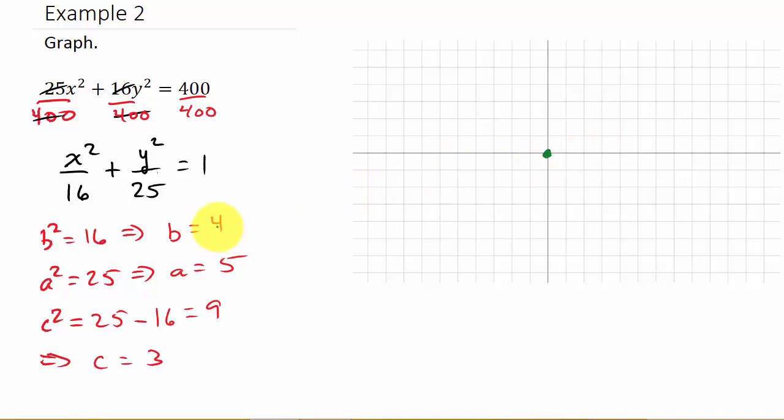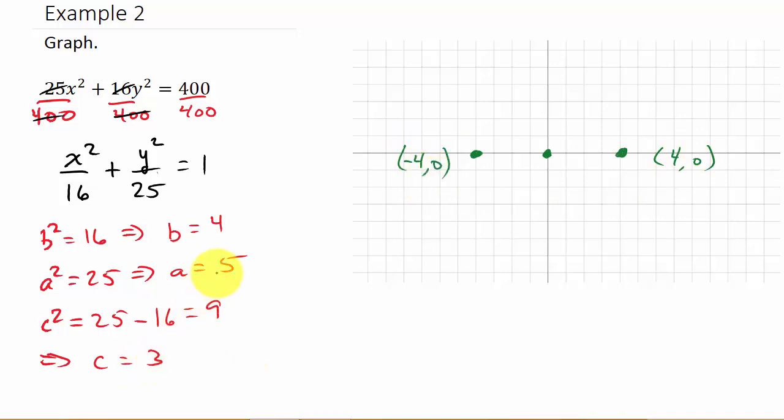This tells me that I've got to count 4 units in both directions from the center. So 1, 2, 3, 4, and then the other way, 1, 2, 3, 4. And this is going to give me the point 4, 0, and this is the point -4, 0.